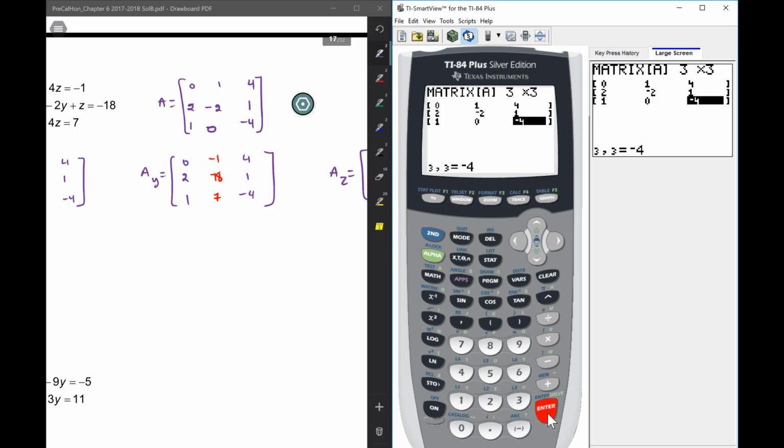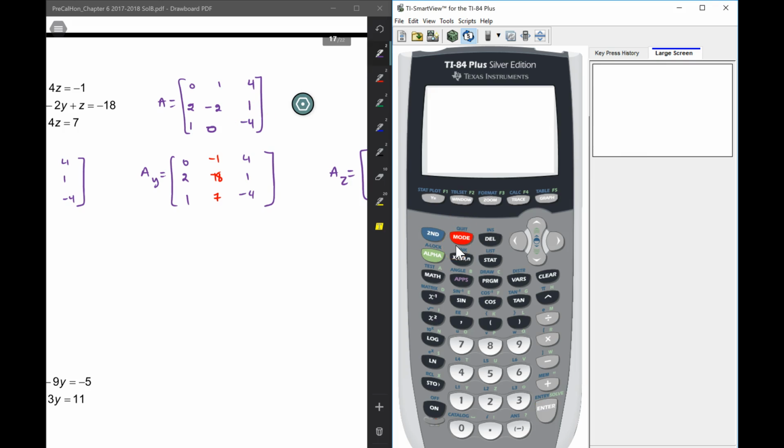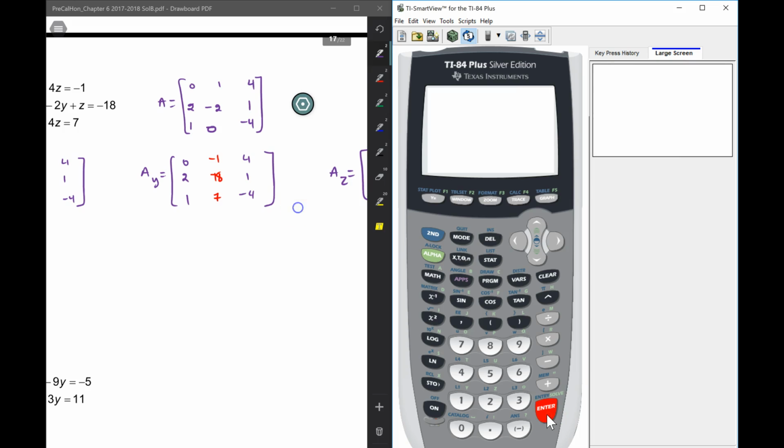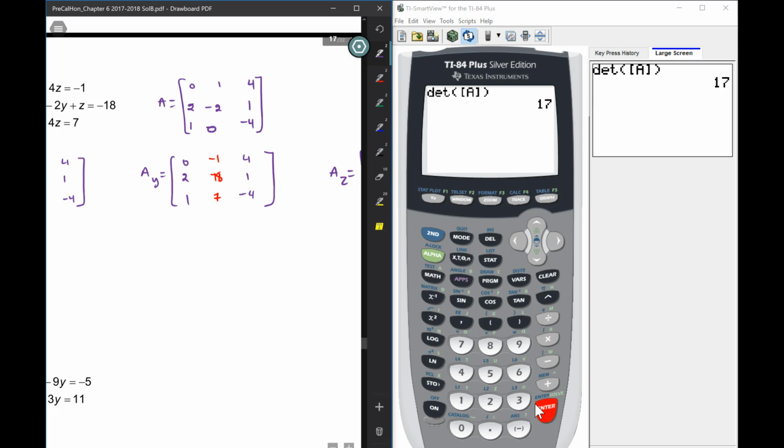Okay? All right, so what I'm going to do now, second quit. Look, second matrix, math, determinant. Second matrix, press enter to select A, enter. So the determinant of A is 17.